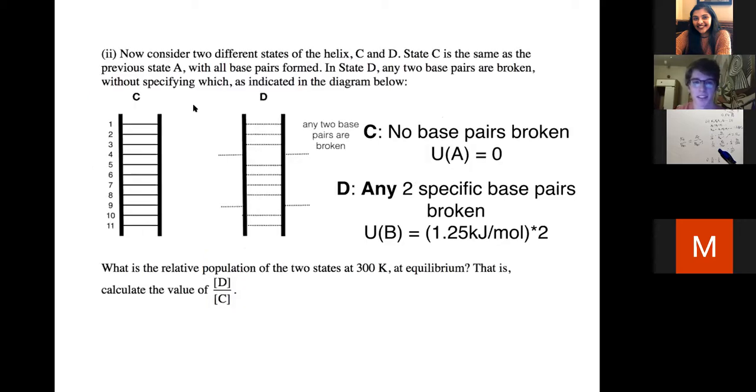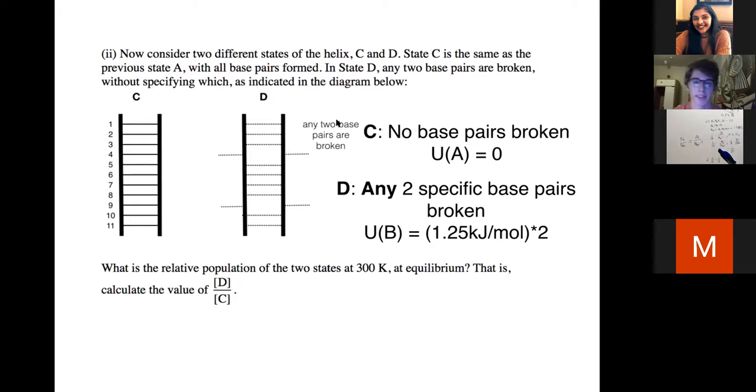And note here that in each state, there was one way each state can happen. Because now in part 2, it's basically the same question, except now for state D, any 2 base pairs can be broken instead of specifically 2 specific base pairs. So if we first look at the energies, we'll notice the energy difference is going to be the same as the previous parts, because in each instance, C will clearly have all base pairs formed.